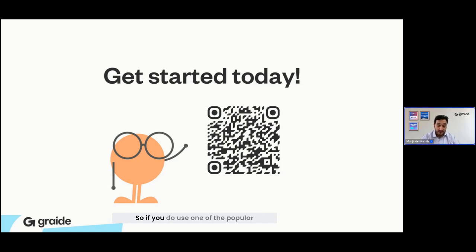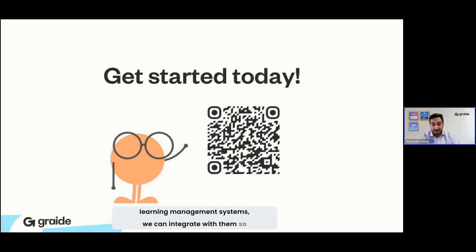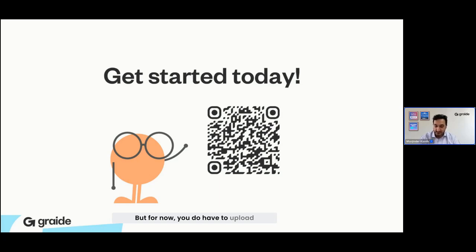So if you do use one of the popular learning management systems, we can integrate with them so that there's less of an overhead associated with that. We are actually thinking about other forms of uploading as well, but for now, you do have to upload your answer within Grade, even if it is integrated into your learning management system.